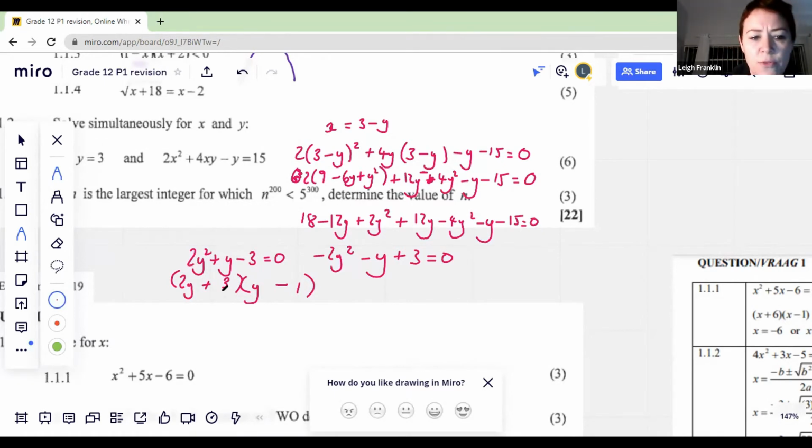And then positive 3 times negative 1 will leave us with minus 3 at the end. Okay, Ayomide? That's the bit that you were struggling with. No problem. Okay, so now you've got 2 solutions for y, and then we want 2 solutions for x.